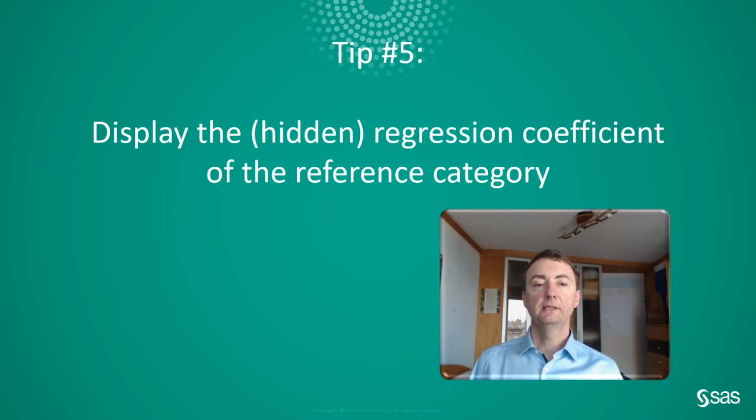So what we've seen here is that in regression analysis, in order to better communicate the results to the business department, it's often very good not to use the reference encoding but the effect encoding, and it's very simple to calculate the value of the hidden regression coefficient for the reference category.